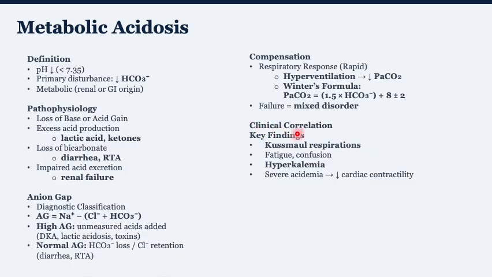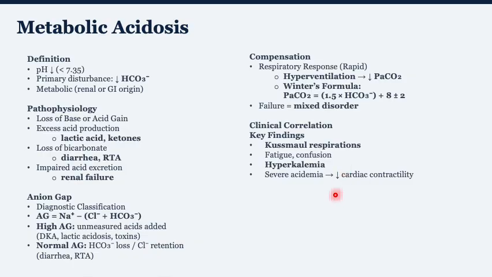So clinical correlation to this metabolic acidosis, some of the key findings that you'll find on clinical exam, they will have Kussmaul's respirations, which is basically a pattern of deep, rapid, and labored breathing. Sometimes it is termed air hunger, but it is the compensatory mechanism for severe metabolic acidosis.